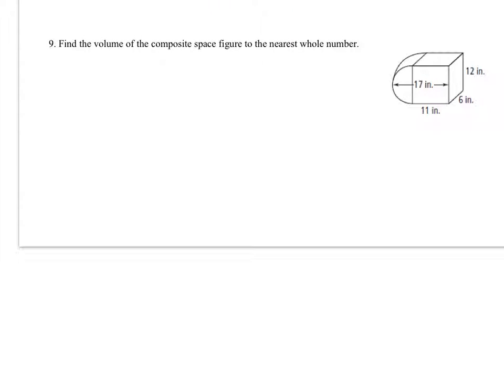Find the volume. So again, I'm going to first think about what's my equation I'm using. So I have volume. My volume of my prism is the area of the base times height, plus the volume of my cylinder. First, when I look at this, I have half of my cylinder, and that volume of a cylinder is the area of the base, which is radius squared pi, times my height.